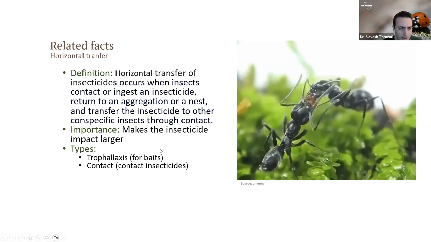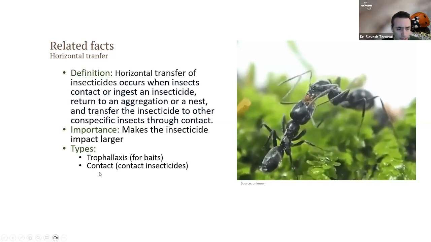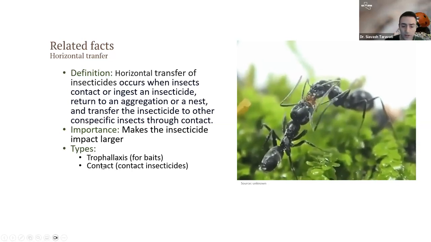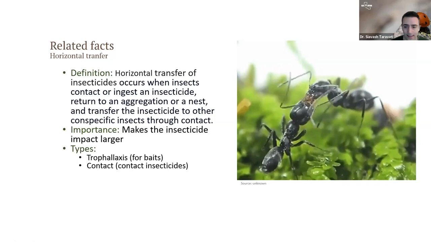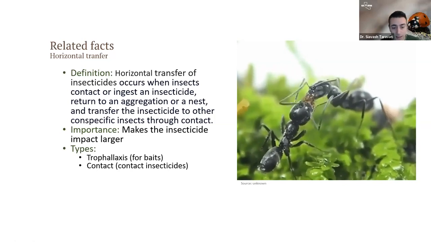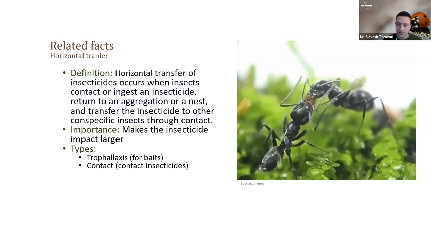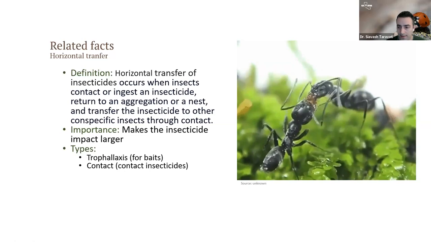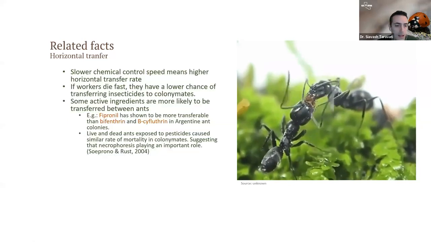You can see the types here. It could be mouth-to-mouth trophallaxis, or it could be a contact that causes this transfer. And this is very important, because the more transfer you have, the larger the impact you can make on the colony.